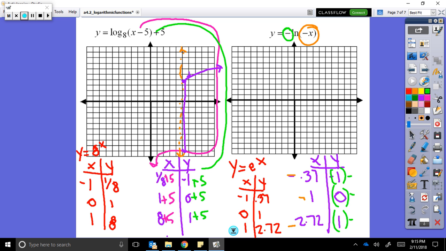Okay, so we have, let's see if I can get my pen to work a little bit better. I'm going to use my clicky pen. So negative 0.37, and then we have positive 1, so about right here. And then we have negative 1, 0, so here. And then we have negative 2.72, so a little bit past 2, and negative 1.